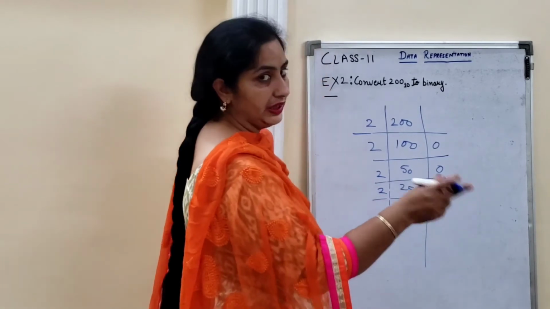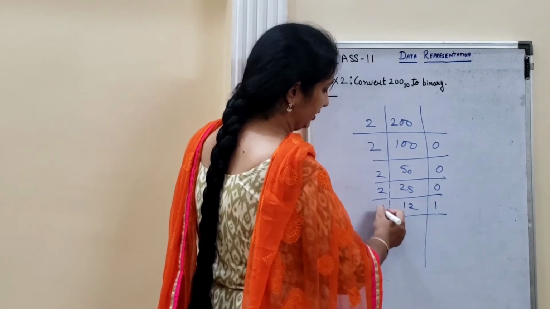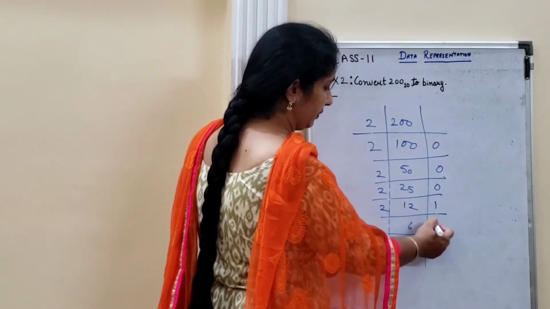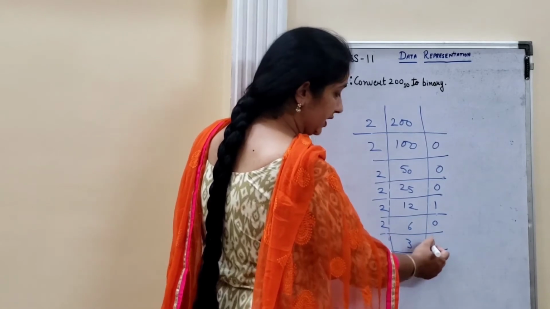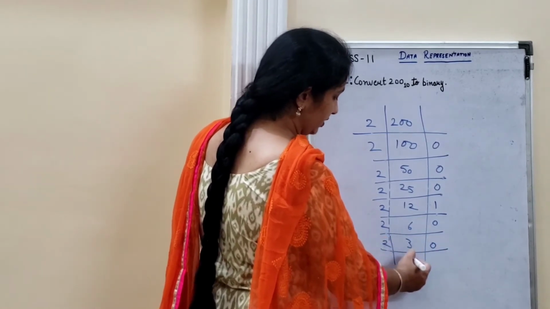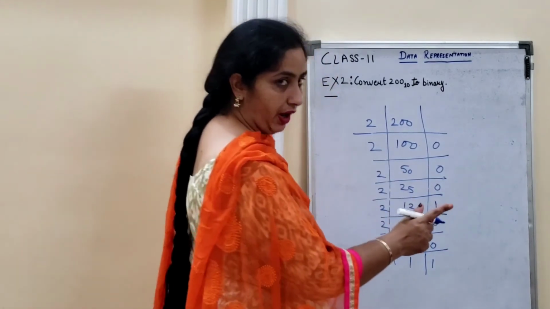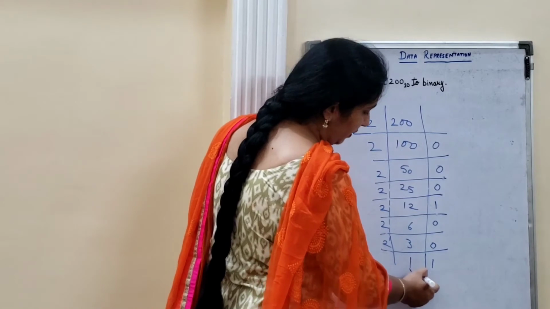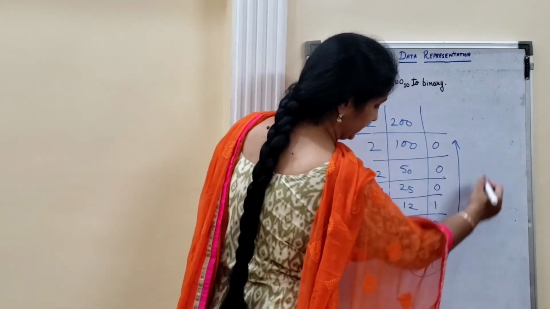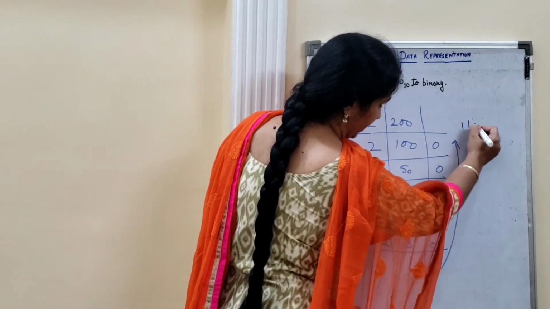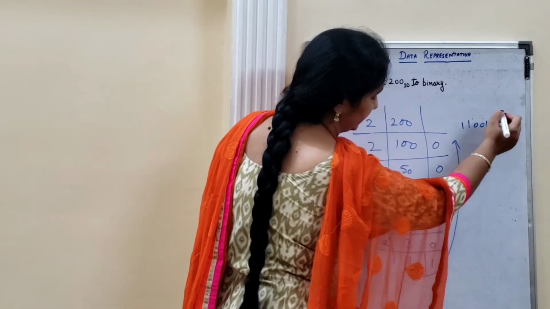But when you divide 25 by 2, remainder will be 1. 12 by 2, remainder will be 0. 6 by 2, remainder will be 0. 3 by 2, remainder will be 1. Right? Now what you have to do, you have to move from bottom to top. That is 1, 1, 0, 0, 1, 0, 0.